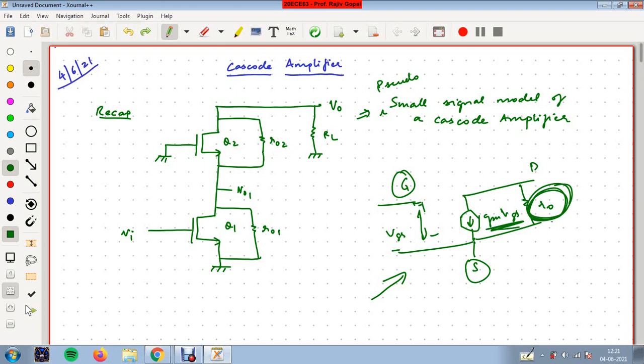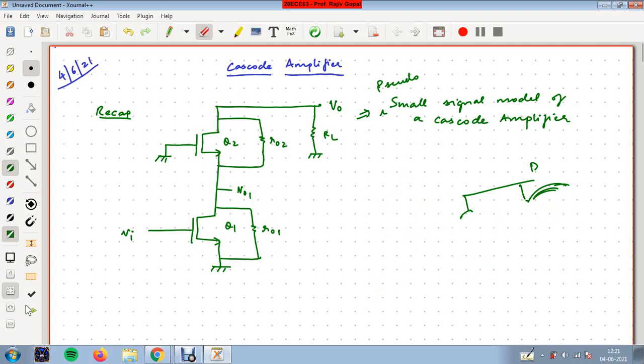With this we have derived certain expressions. The purpose of having a cascode amplifier is to amplify your output resistance. Output resistance is this resistance, this is R out and this is R in.